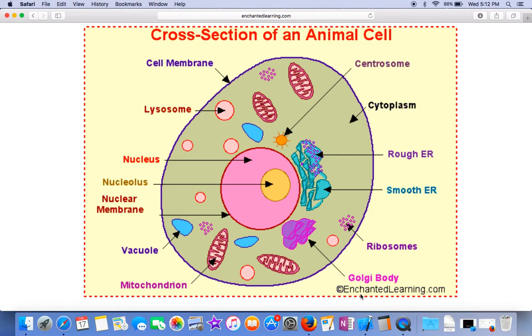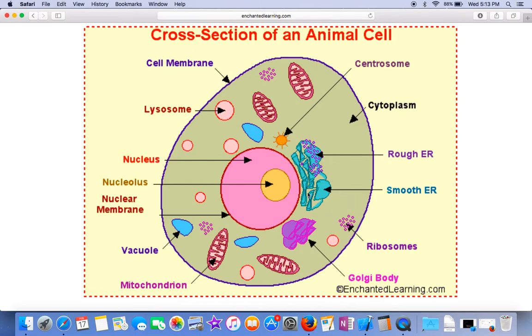So if you look at the rough ER, see all these bumpy little purple dots. The rough endoplasmic reticulum is a vast membranous enfolded sac that is located inside the cytoplasm. That whole body that's dark beige is the cytoplasm.